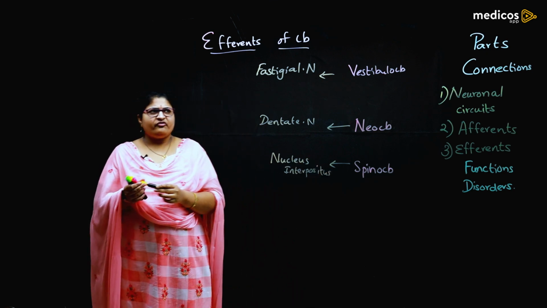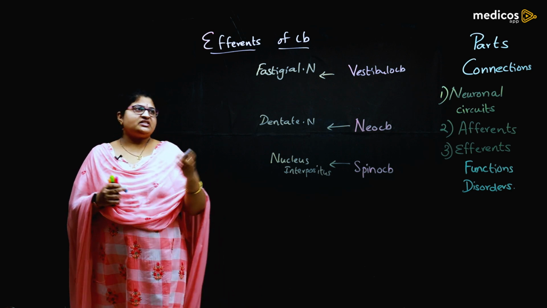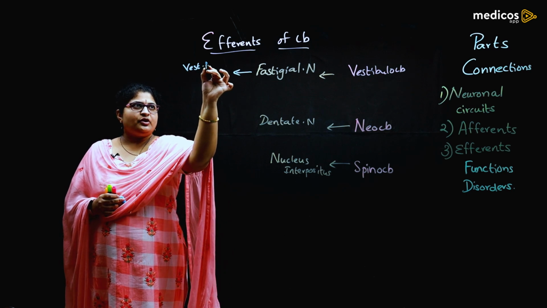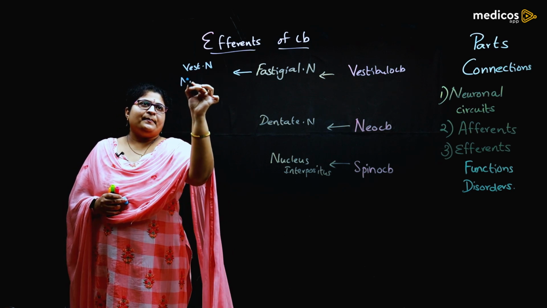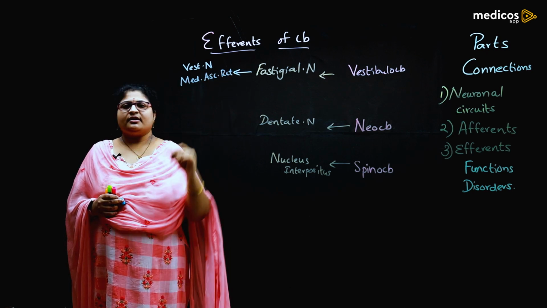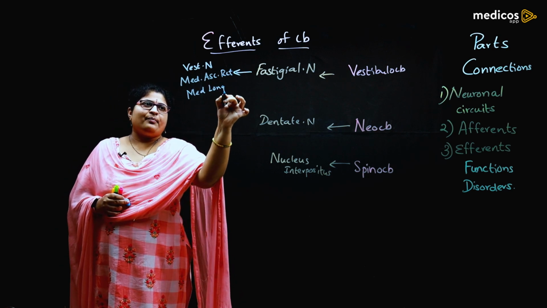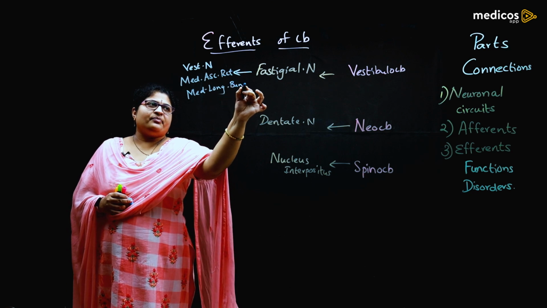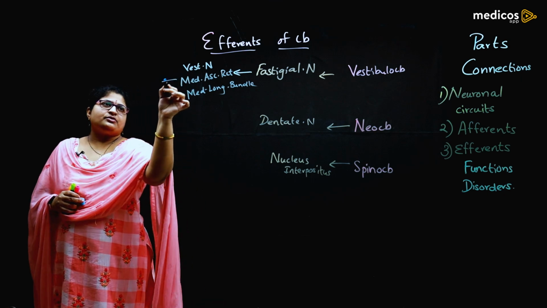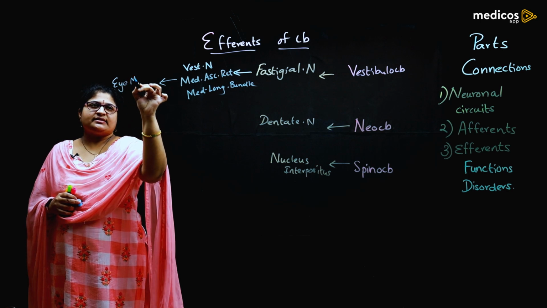And from there, how is the information traveling? From this fastigial nucleus, the information goes towards the vestibular nucleus, and also the medial ascending reticular formation, and also the medial longitudinal bundle. From there the information goes to these areas, and so it helps in controlling eye movements.